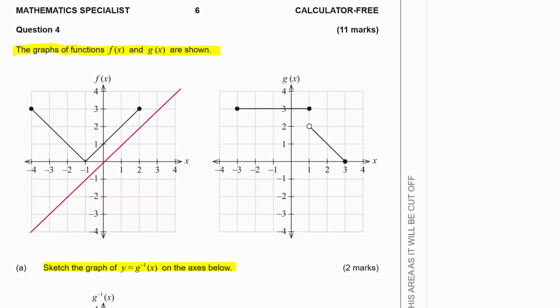So we're going to have the reflection of that section is going to look something like that. And so we can see that that's going to be -1. So that is f to the -1 of 0 is equal to -1. And then we want g of -1, which appears to be 3.